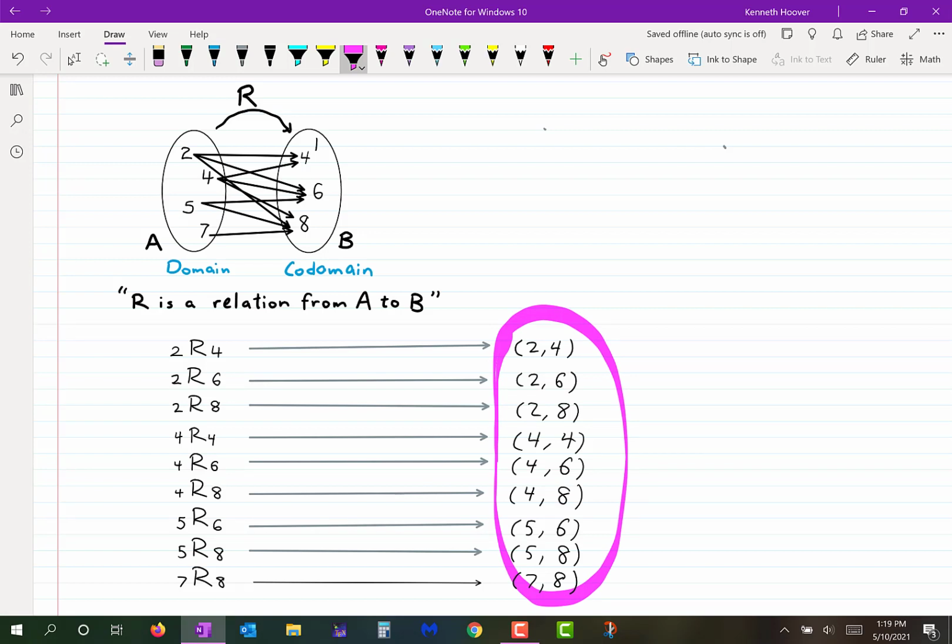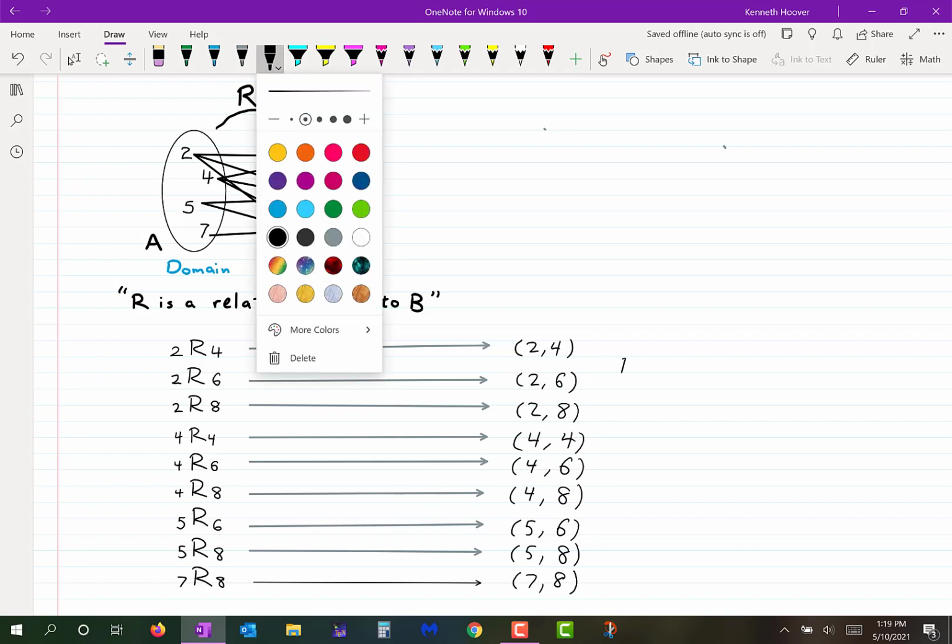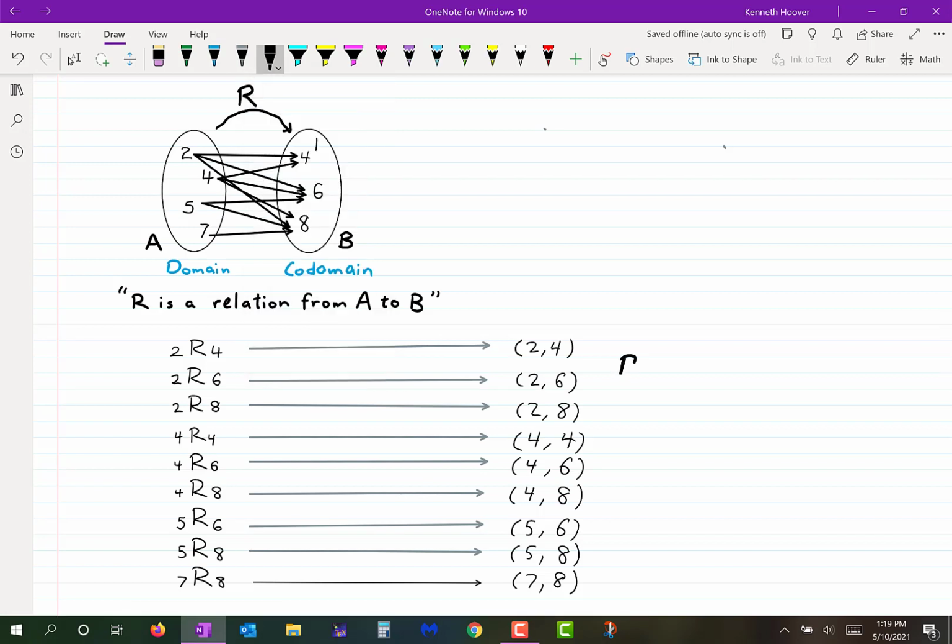What's another name for a collection? It's a set, right? A set is just a collection of things. So therefore, I can write that R is the collection of these ordered pairs.